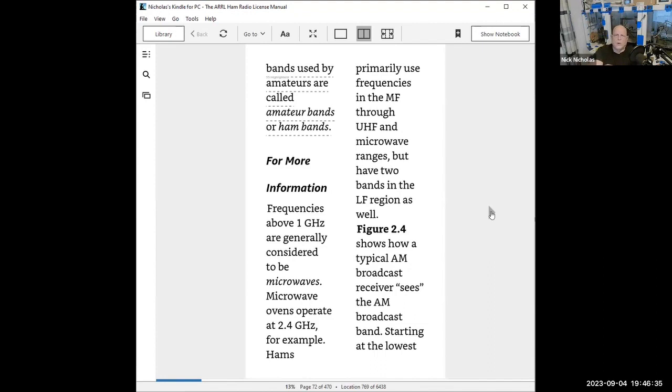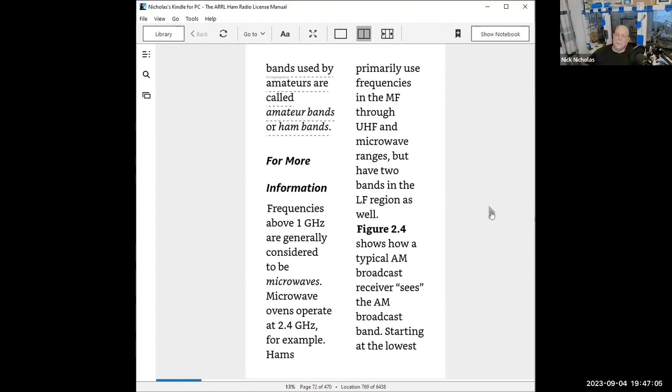And this has been a normal progression, and it will continue to be, because the world doesn't have anything much more expensive than radio spectrum. Every single frequency we use is worth millions of dollars. An AM broadcast station gets to use its exclusive frequency, one frequency.